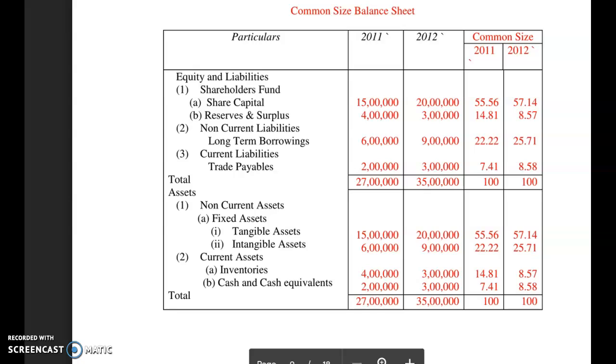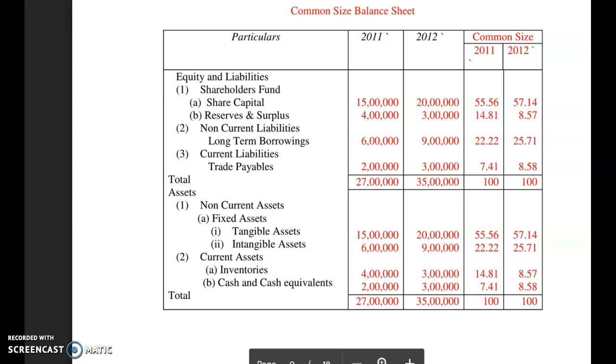Likewise, for the year 2012, what will we do? Same way, 35 lakh will be assumed as equal to 100, as for 2011, 27 lakh was assumed as equal to 100. For 2012, 35 lakh will be assumed equal to 100. Same way, now we have to find out 20 lakh is equal to what? Very same formula. 35 lakh is equal to 100, 1 is equal to 100 divided by 35 lakh, and 20 lakh is 100 divided by 35 lakh into 20 lakh.